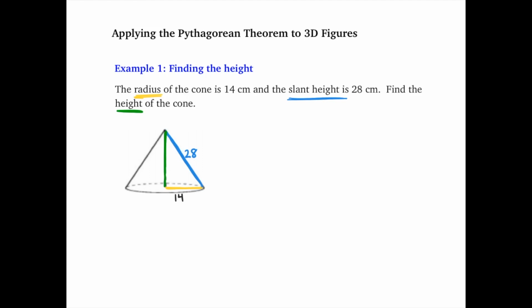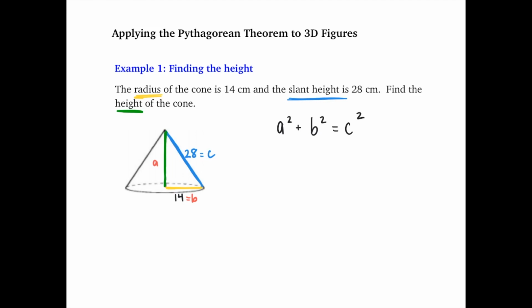I can call it h for height, or if I'm thinking in terms of the Pythagorean theorem, a squared plus b squared equals c squared, this 28 would be my c, and I could use 14 as either my a or my b. So maybe I'll call the height a and the radius b. The Pythagorean theorem states that a squared plus b squared equals c squared.